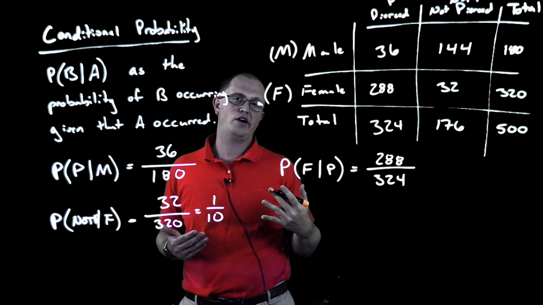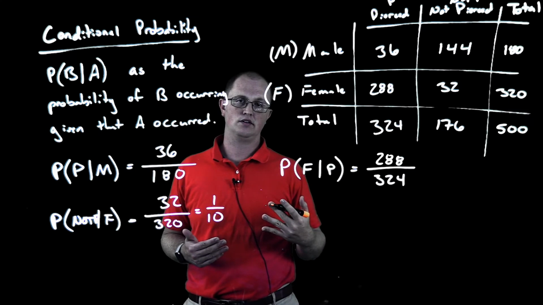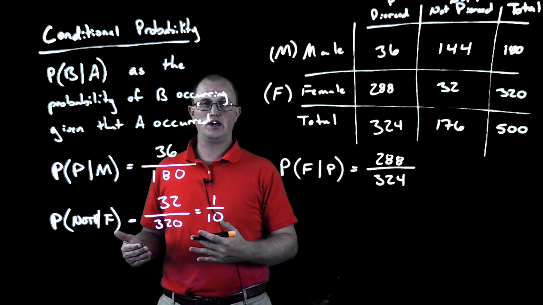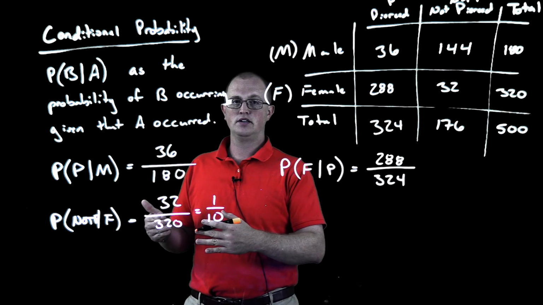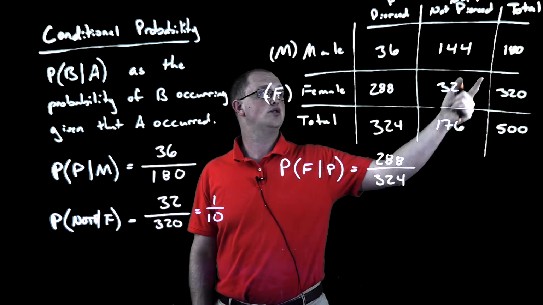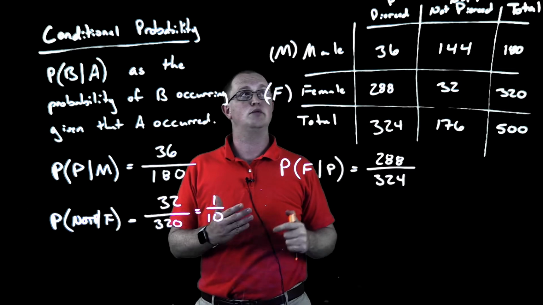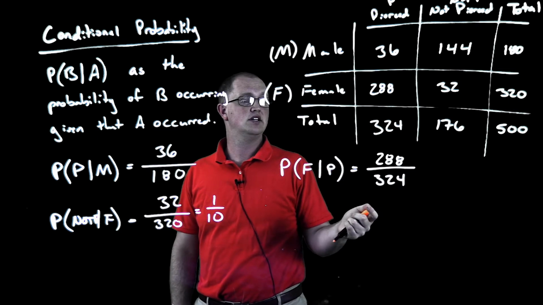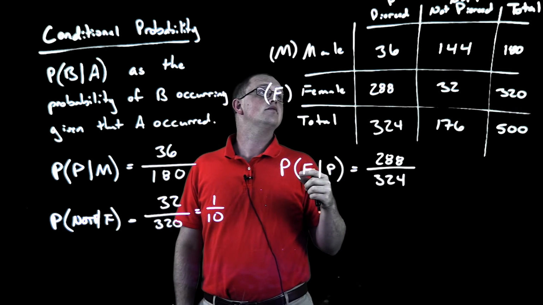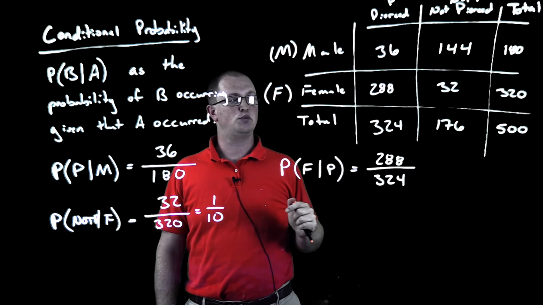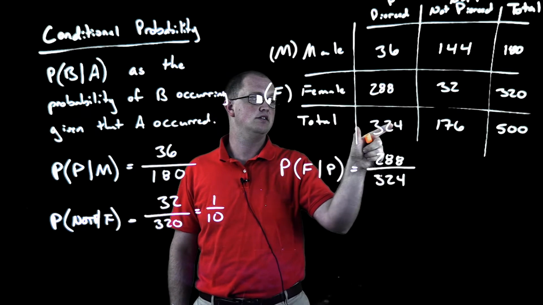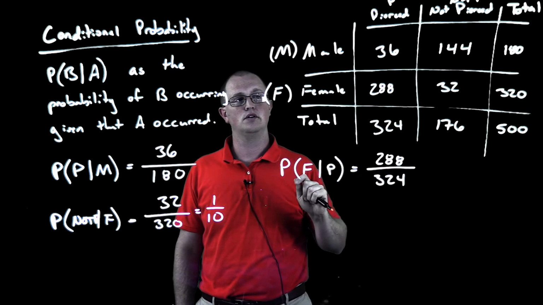And if you think about how we're doing these things, the number on the bottom, the number in the denominator, is one of these total numbers, which we said were the probability of these individual events. So if we want to know what's the probability of P, right, then we look at this 324.